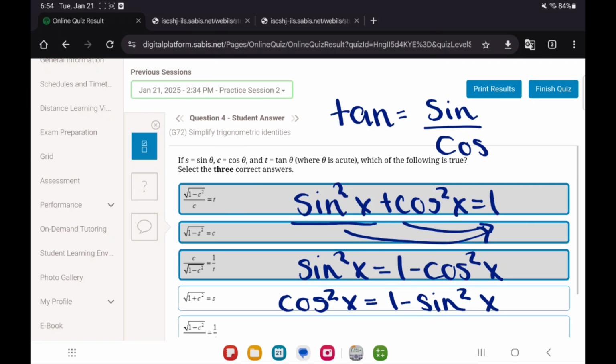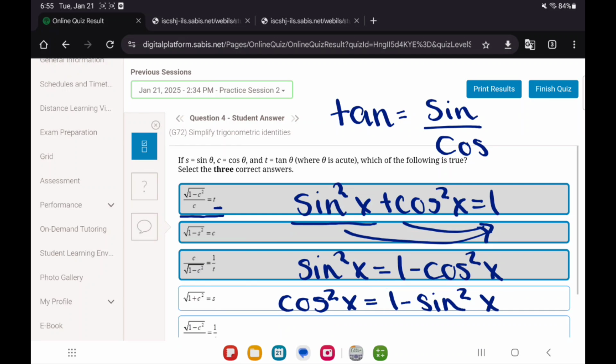So we know that tan is sine over cosine. Here they're asking if it's equal to tan. And when it's a radical, that means you're changing the square root to a radical, so you just keep the cosine without the squared. Just remember that too. Let's take that all back.